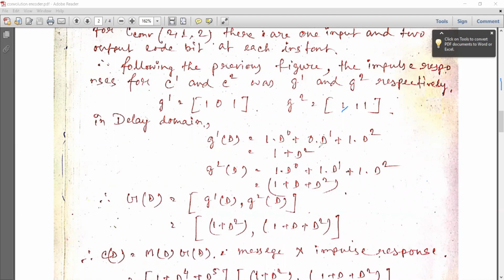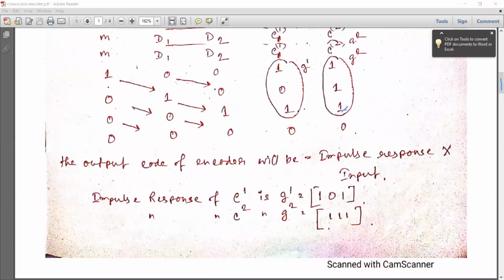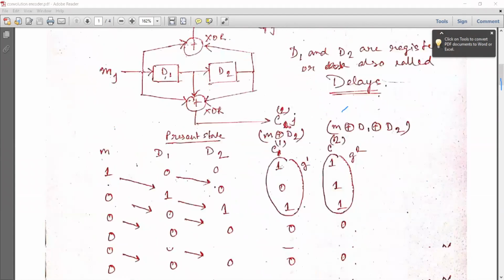So ultimately we have got g1d and g2d in the polynomial expression. Okay, so we have generated the impulse responses g1d and g2d, which are basically according to C1 and C2.